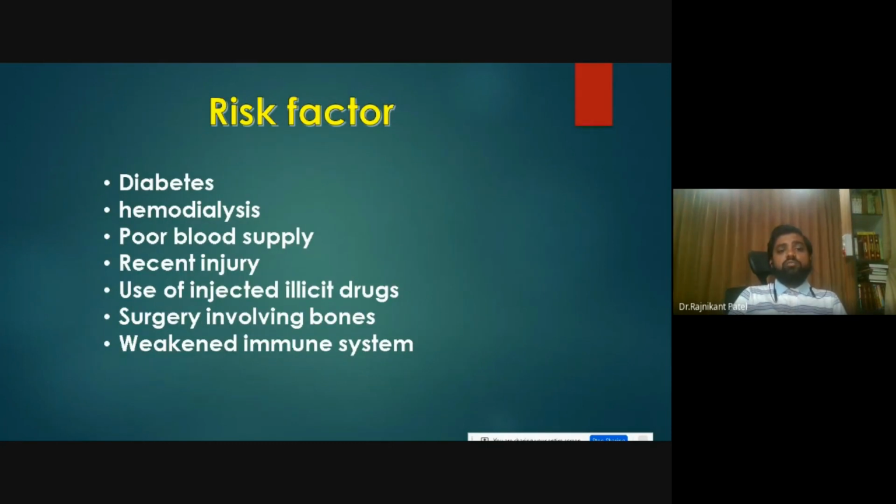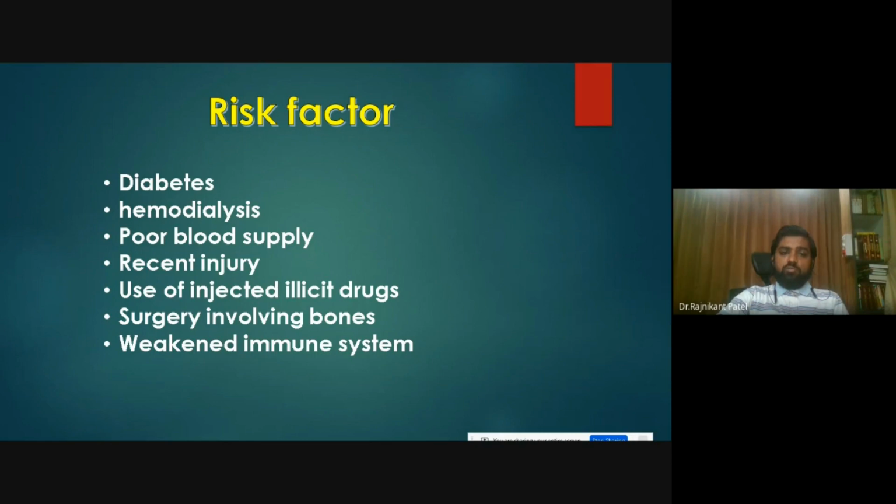So, what are the risk factors? These are the categories of people who are more prone to get this disease, that is osteomyelitis. One is diabetes. We all know immune response will be very low in diabetes, so the person's body cannot fight the infection, ultimately leading to bone injury. Another one is hemodialysis.